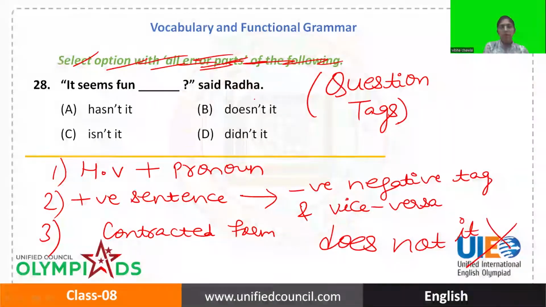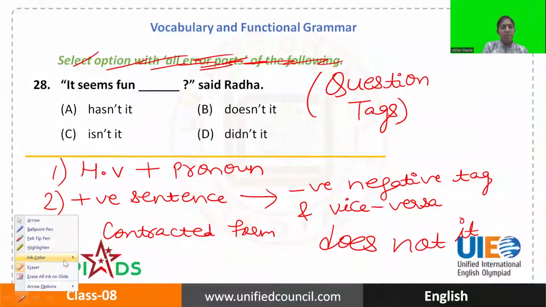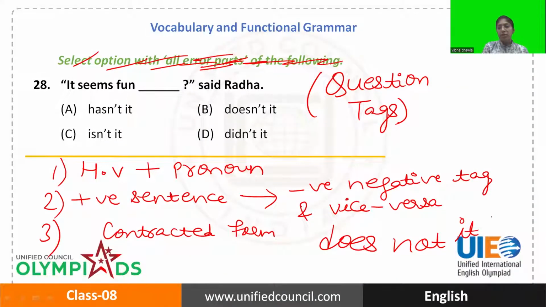Write like this, doesn't it, isn't it, hasn't it, contracted form. Don't write the other way. So these are the basic rules that you need to know.